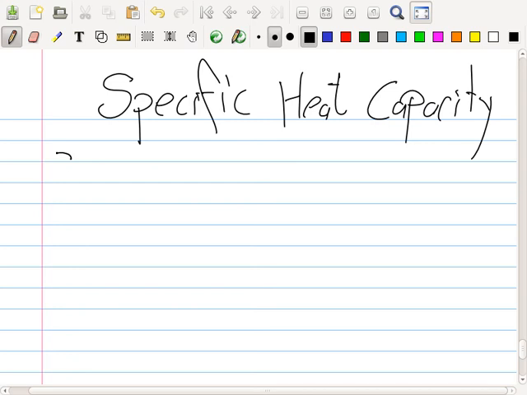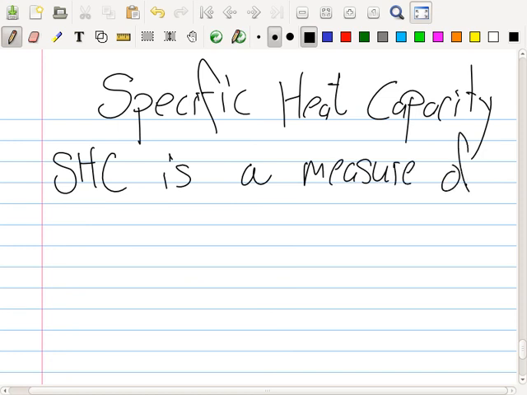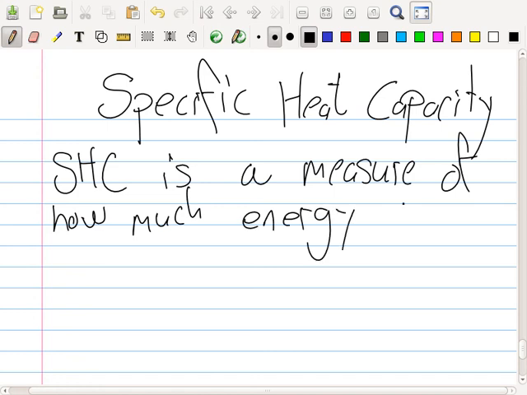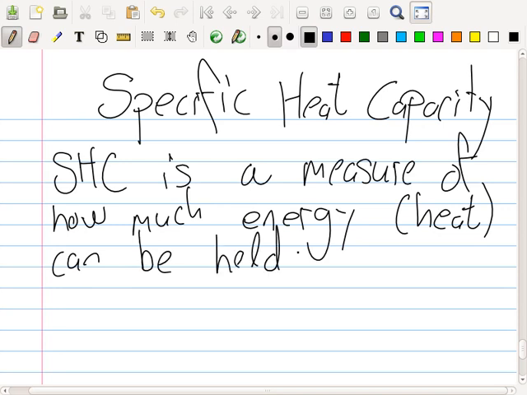So, specific heat capacity is a measure of how much energy in the form of heat can be held in a volume.